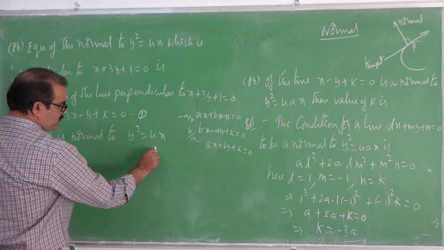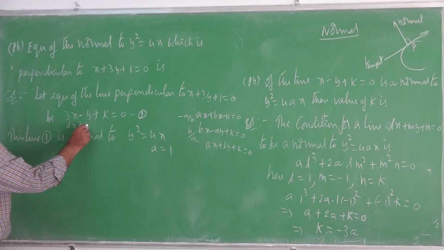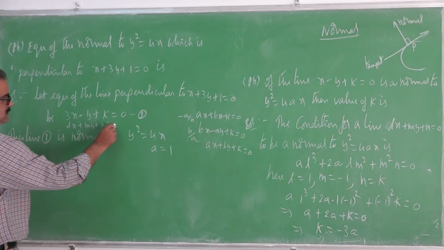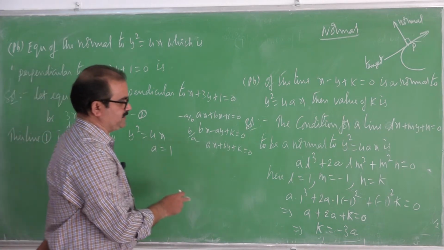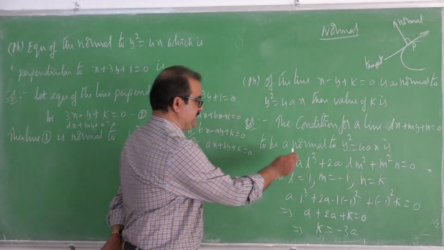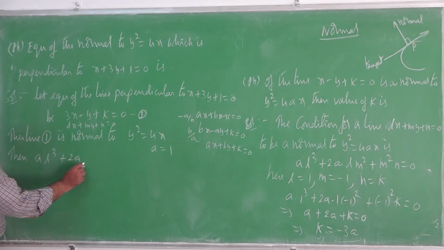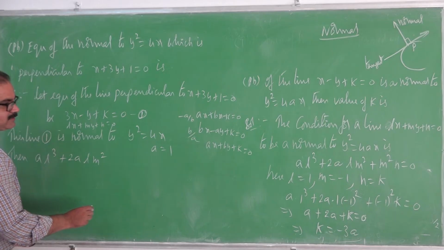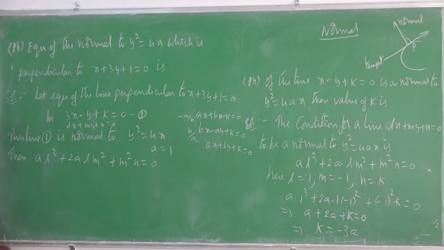Here 4a is equal to 4, a is equal to 1. We already discussed when a line lx plus my plus n is equal to 0 becomes normal to the parabola y square is equal to 4ax, it satisfies this condition: al cube plus 2a l m square plus m square n is equal to 0.